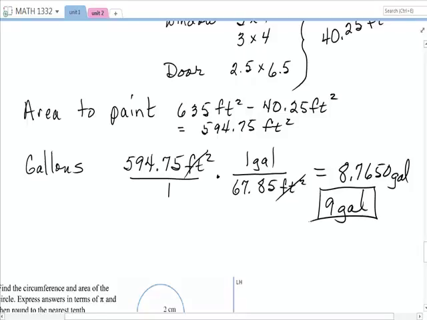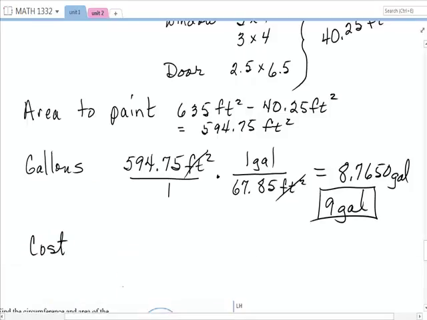What if I told you that it costs $23.17 per gallon? How will you figure out the cost? I'll multiply. So I have 9 gallons. I'm going to multiply it by $23.17 per gallon. Gallons cancel.